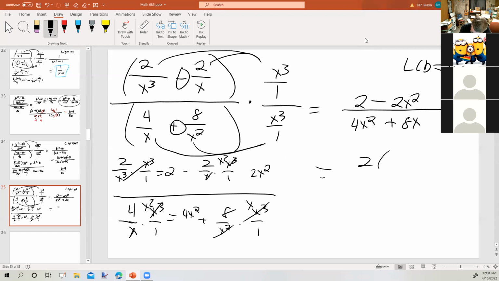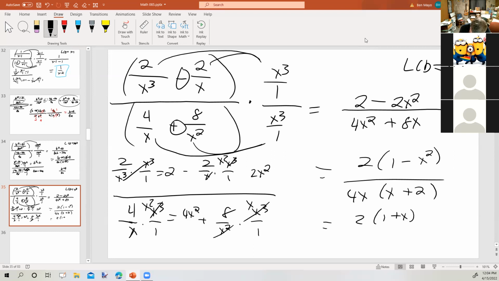But I can factor a 2 out of the top and a 4x out of the bottom. I could factor the top even further and write it as this, because that's the difference of two squares.